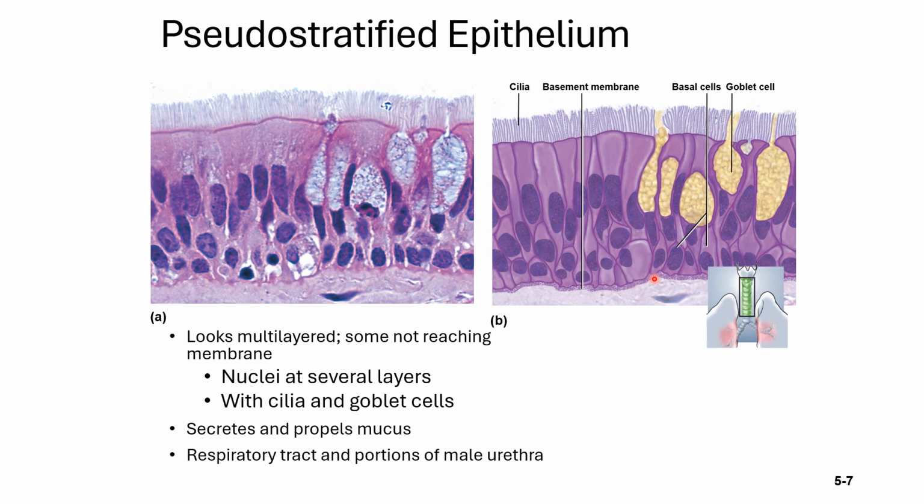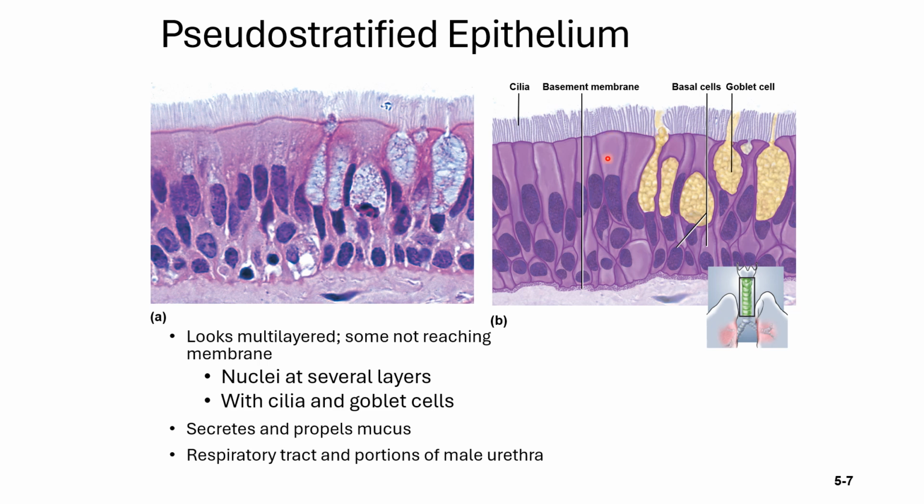And here we can see a pseudostratified epithelium, which we discussed earlier. They appear to be stratified, which means they appear to be multi-layered, but they are not multi-layered. And also they contain goblet cells, and we said goblet cells secrete mucus. So the pseudostratified epithelium is seen in the respiratory tract and also in the male urethra.